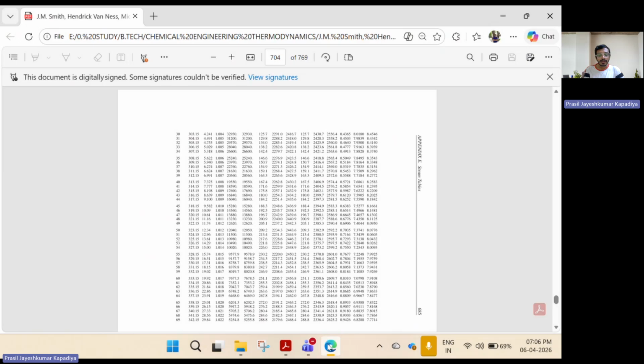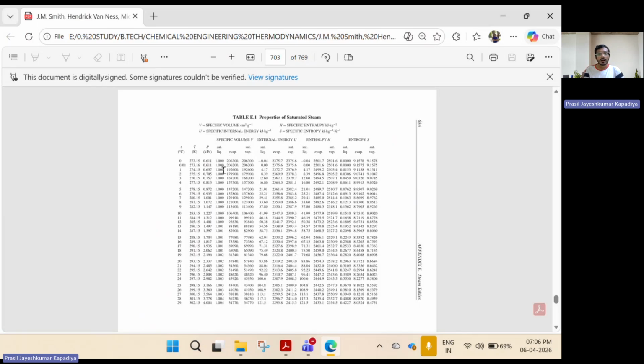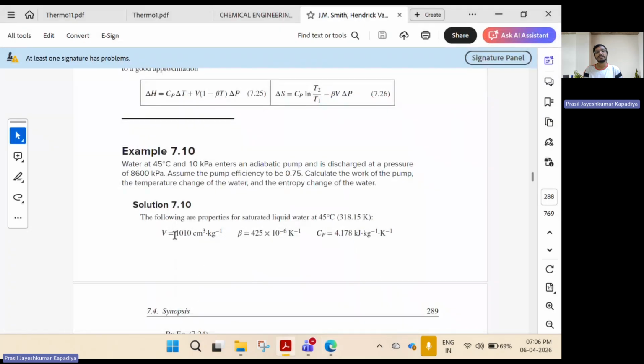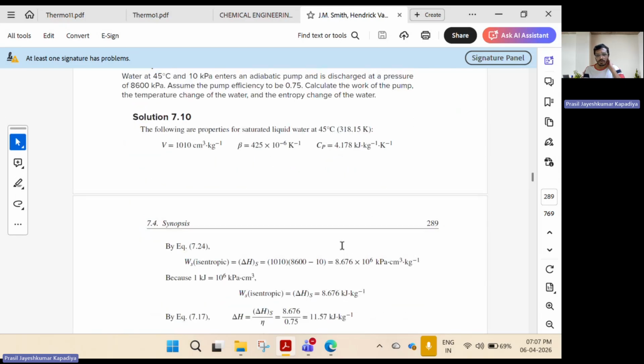It should be something like 1.010 in units of centimeter cube per gram. So per kg it will be 1010 centimeter cube per kg. Beta from literature is 425 into 10 to the minus 6 per Kelvin, and Cp is equal to 4.178 kilojoules per kg Kelvin.